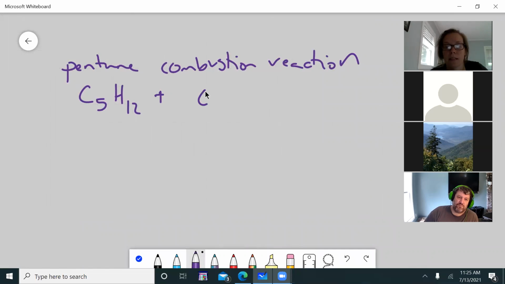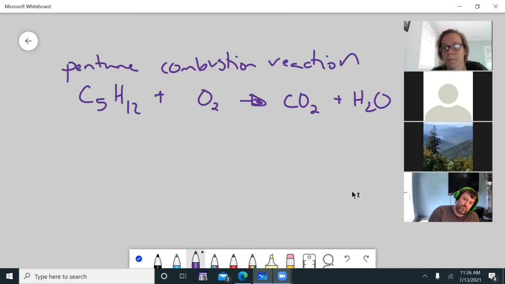Your hydrocarbon combines with oxygen, and what does it produce? CO2 and H2O. Then you just want to balance. So balance carbons first, 5 here, I'm going to put 5 here. Then balance hydrogens, 12 here, so I'm going to put a 6 here to give me 12. That's a total of 16 oxygens, so I'm going to put an 8 here to balance that at 16.